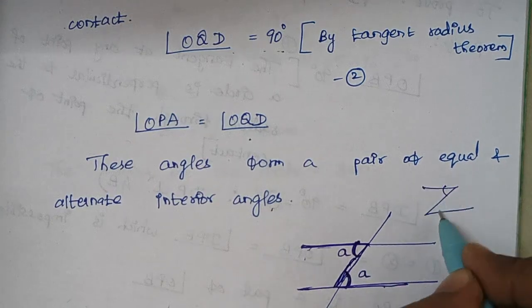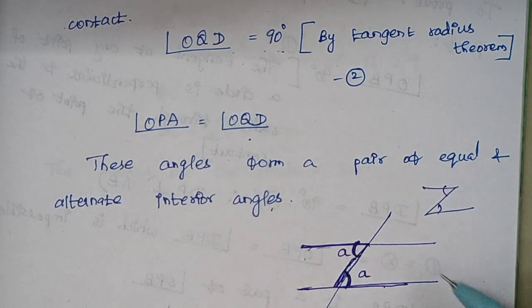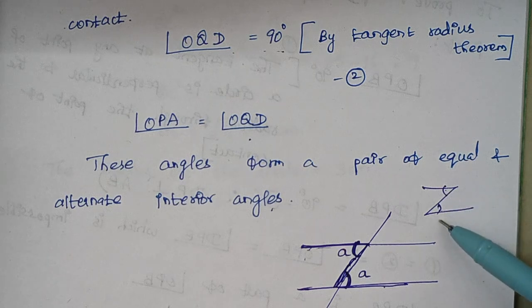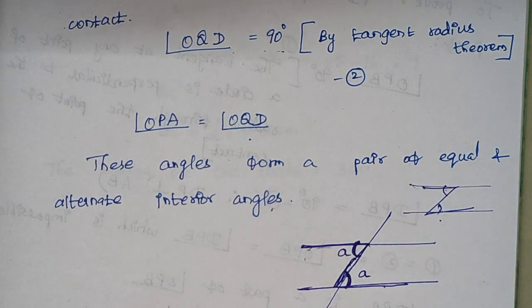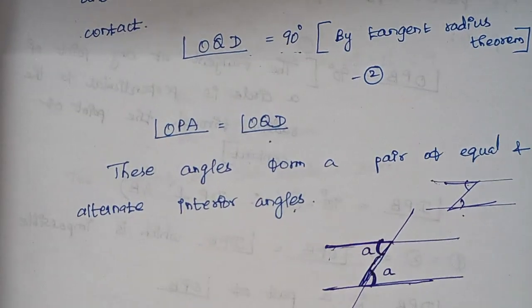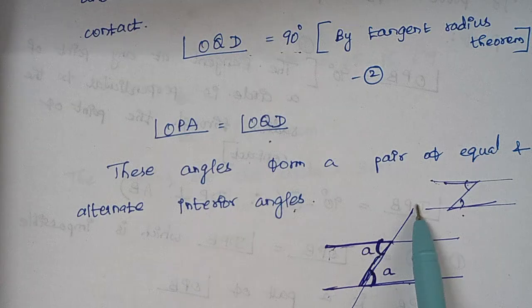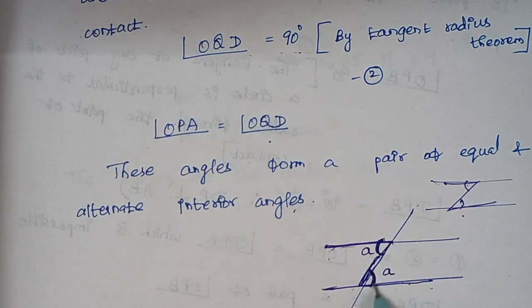So when these alternate angles are equal, these two lines are said to be parallel. Here there are two parallel lines and another line which cuts those two lines, so these alternate angles are equal.